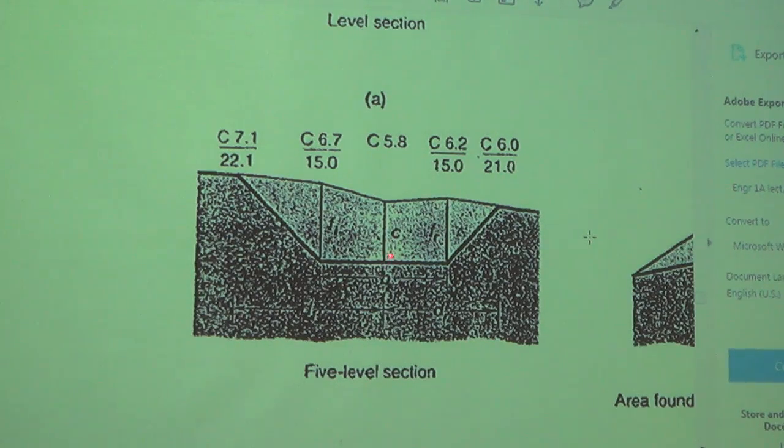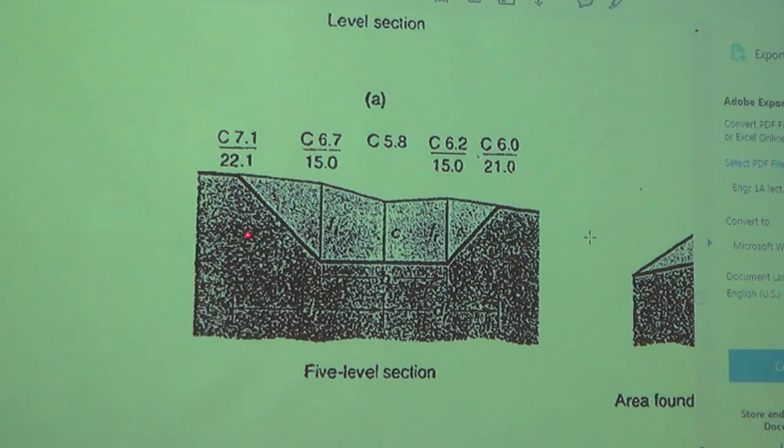So hang on a second. So what does this 5.8 represent here? The height of what? This point from here. So what's this distance right here? What's this distance? What's this distance? And what's this distance?